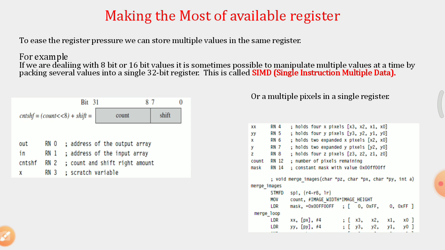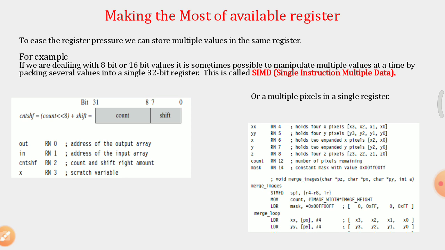On the left side we have one program. Here in a single register, say register R2, Rn2, the register 2 is being renamed with count and shift right amount.